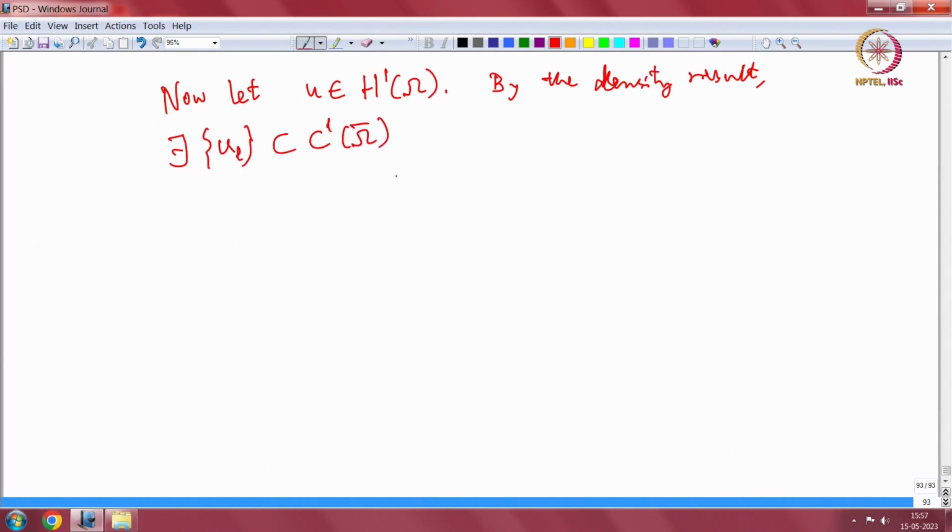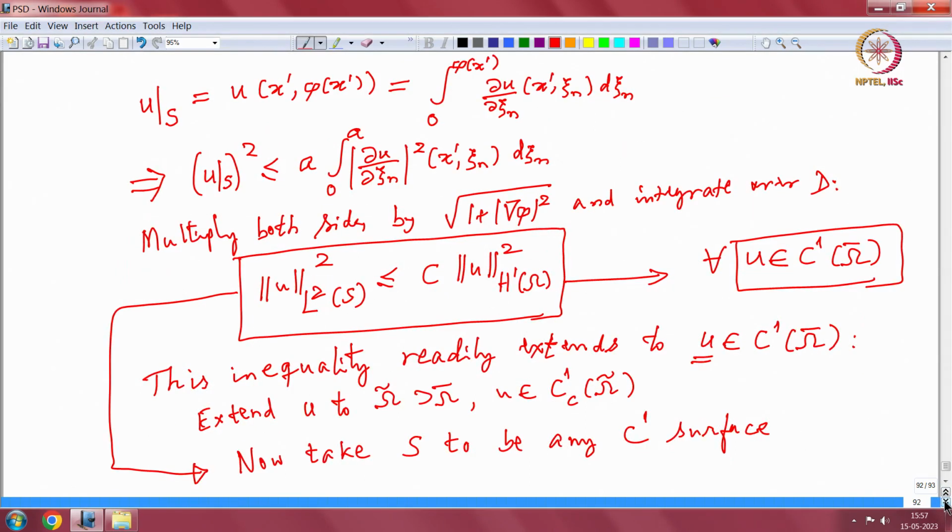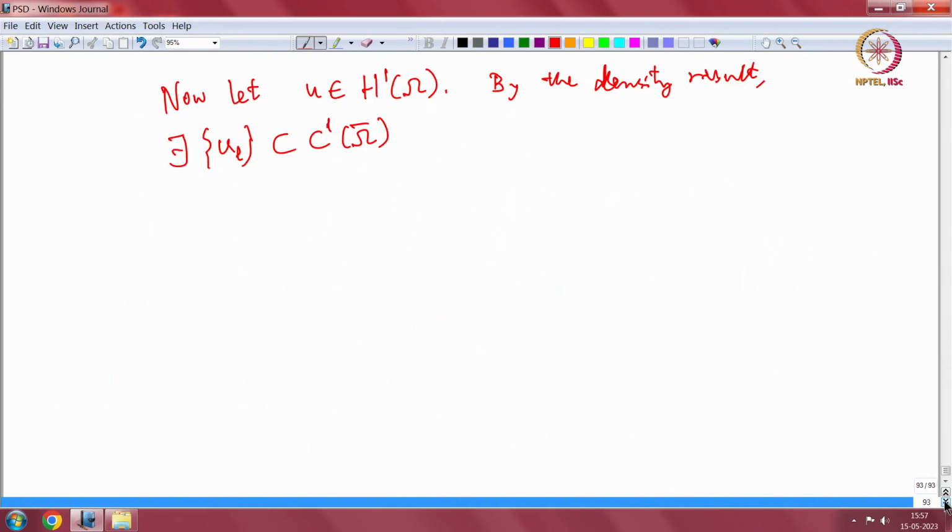See, for extension we do need smoothness on the boundary, so that is why we assume that. Otherwise we cannot get that extension result, such that u_l minus u in H1 omega tends to 0.